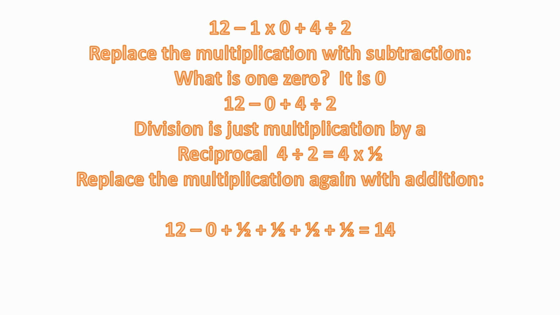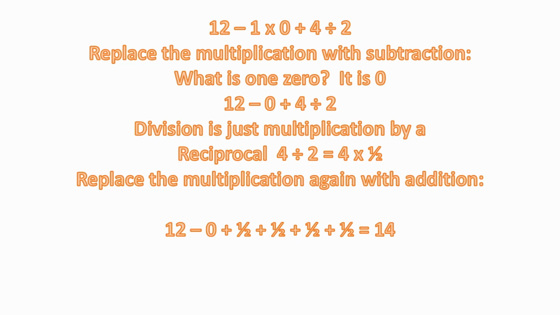We can take this whole problem, 12 minus 1 times 0 plus 4 divided by 2, and convert it to 12 minus 0 plus 1/2 plus 1/2 plus 1/2 plus 1/2. And guess what? You still get the answer of 14. I'm just doing that to show that you will still get 14 doing it that way.